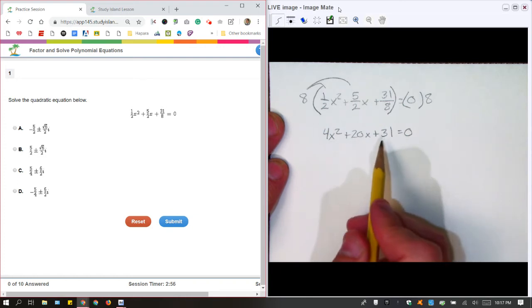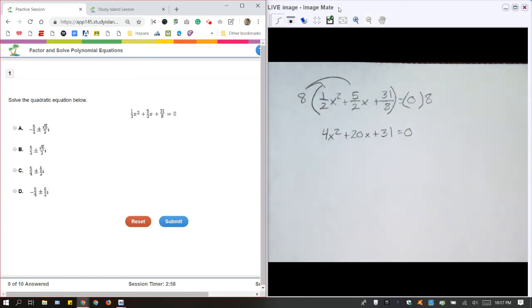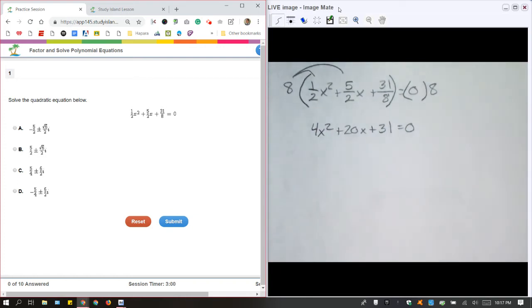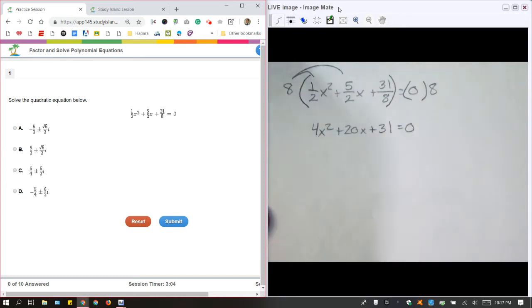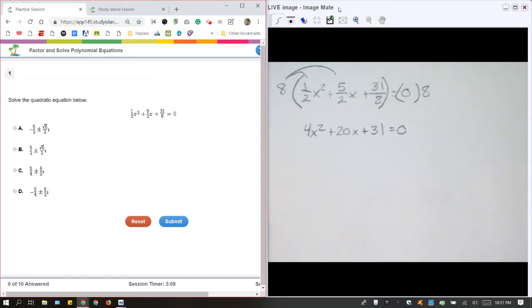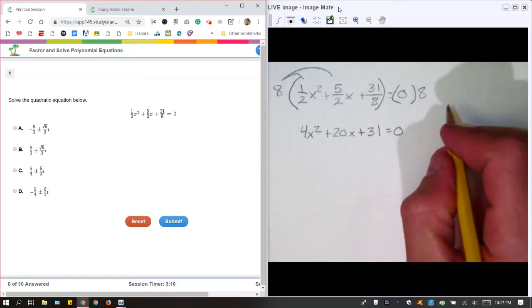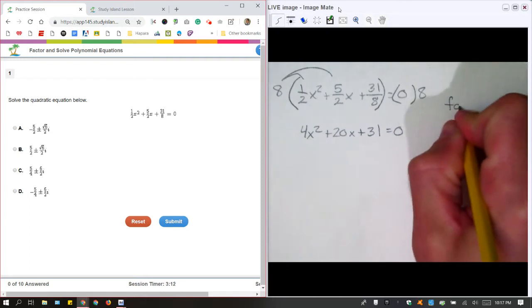So now I have another quadratic equation, but this time it is just whole number coefficients rather than fractions, and that makes it a little easier. Now, when you get a quadratic equation, there are multiple ways that you can solve it. The three methods we use for solving quadratic equations are factoring.